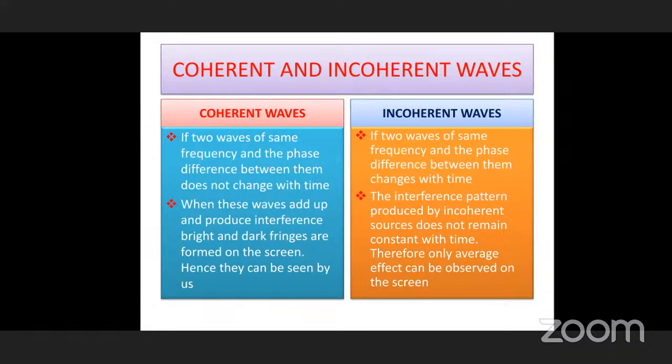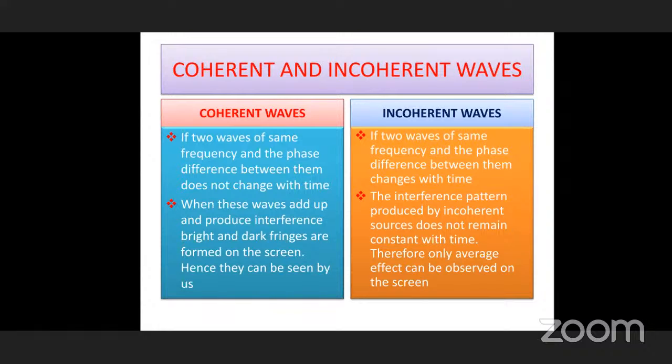But what about incoherent waves? The interference pattern that we are talking about, bright and dark fringes produced by incoherent sources, does not remain constant. Even though the frequency is the same, they are not following the same phase. Disorderly they form.